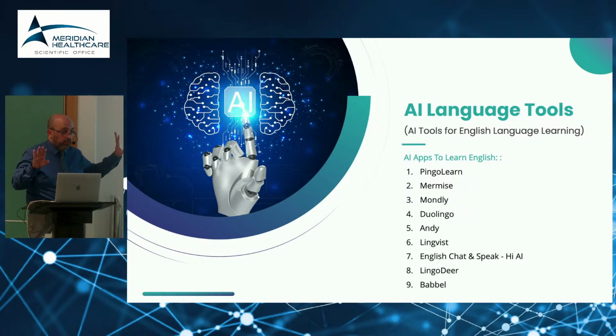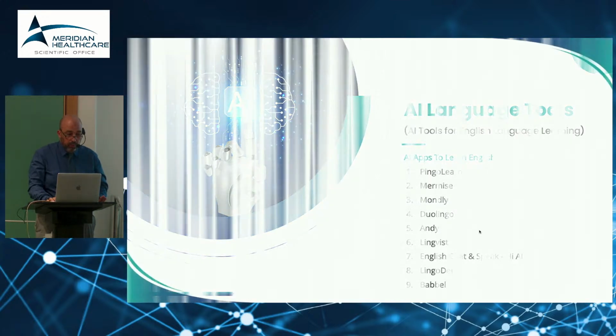Based on AI, instead of taking a lesson or a one-to-one English tutor, you can practice English by speaking and it will correct you. It can even evaluate your progress and give you a mark or level, telling you when you will be proficient. So these are some of the AI language tools.